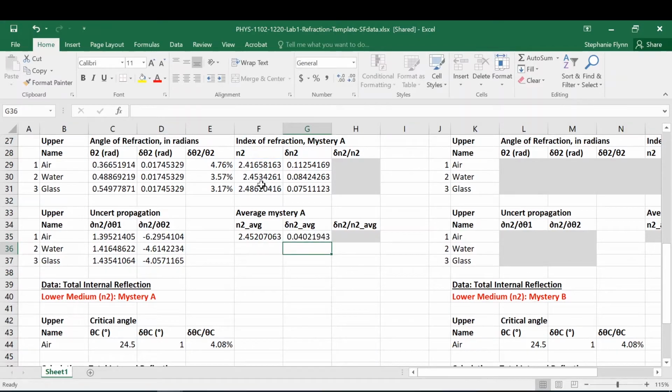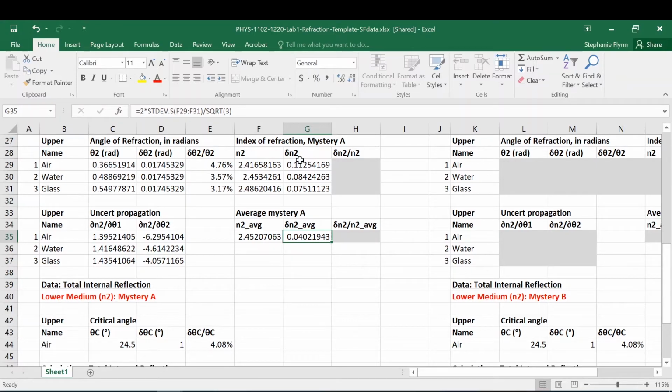Now, recall that when you are stating your final result, the final uncertainty of an average value, you have to choose the larger of the two uncertainties when you're looking at either the calculated uncertainty of the average or the individual uncertainties.